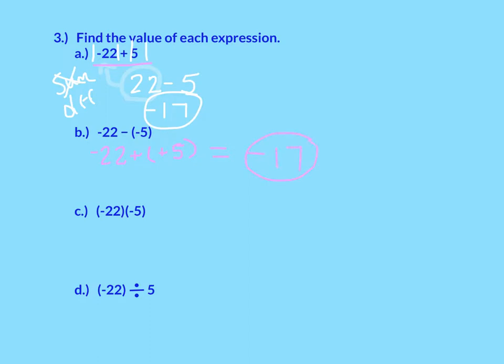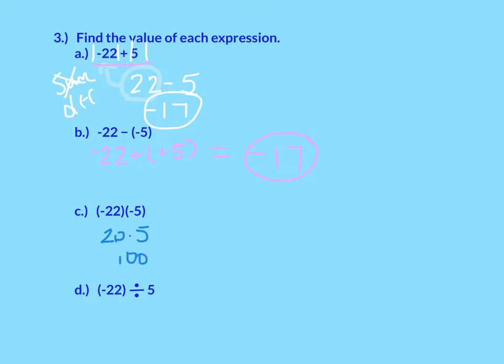That was fun. Okay, next we're going to be multiplying. I've got negative 22 times negative 5. Okay, when I multiply certain numbers, I like to think about it like money. So if I had 20 times 5, that of course would be 100. Remember, this is also using the distributive property.